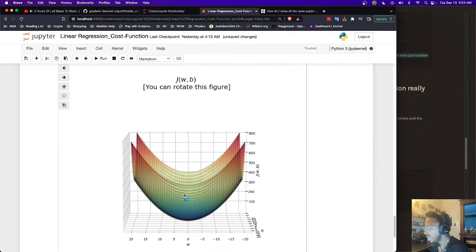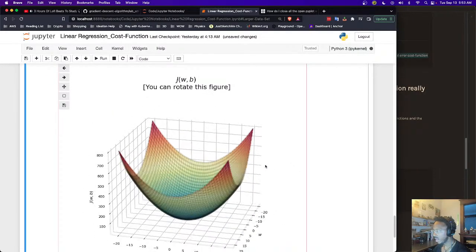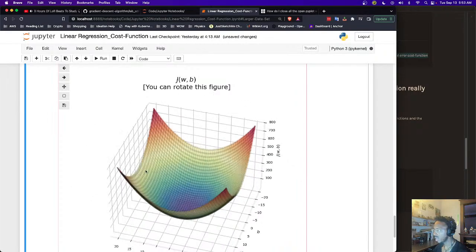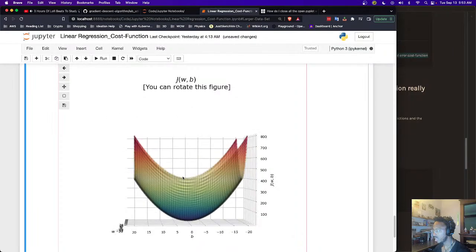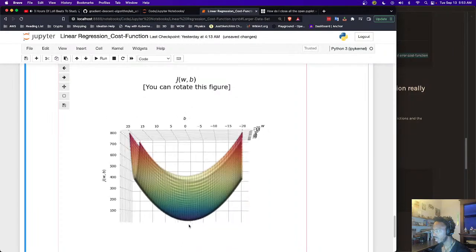What that means here is this gradient, the shift in color, is descending down towards a minimum. If you look at this direction here, you'll see there's a point at the very bottom.